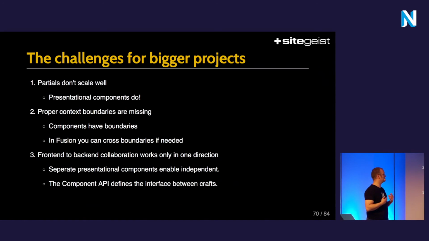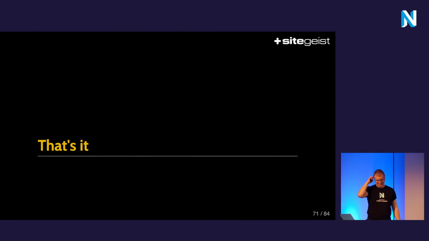For us, it turned out really nicely. In the beginning it's a bit strange for front-end developers, but they quite soon realize that they get something for it. Yeah. So that's it.